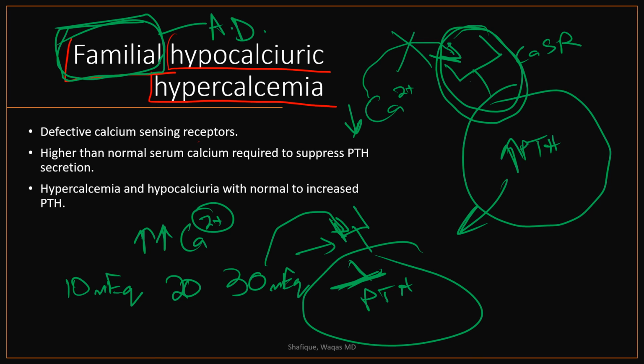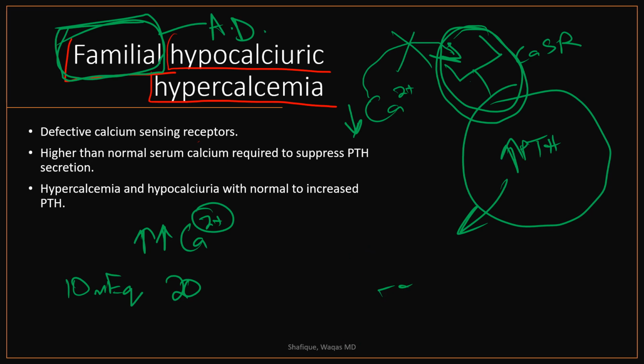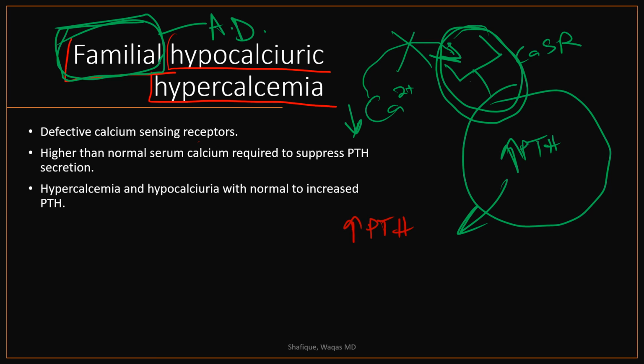So what happens is that you'll have increased PTH because your calciums will always be lower than what this receptor needs to inhibit PTH. Increased PTH will cause increased calcium.